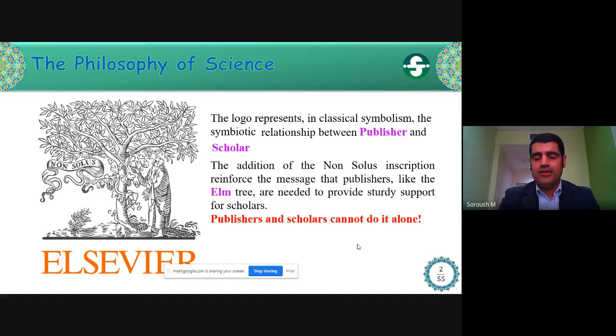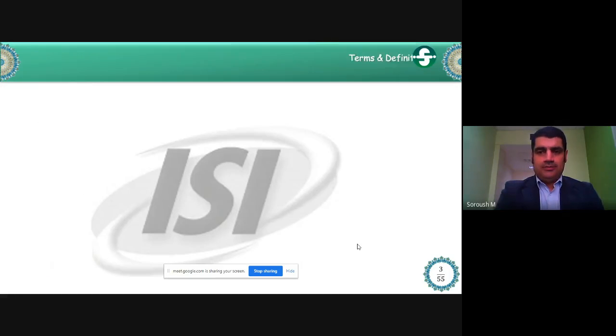We can see that there is a mutual understanding between the scholars and publishers, and when we are about to publish a scientific paper, we should consider the rules and instructions and know the soul of the science and get familiar with the instructions that the publisher wants. And this is the way that we should take for starting writing a scientific paper.